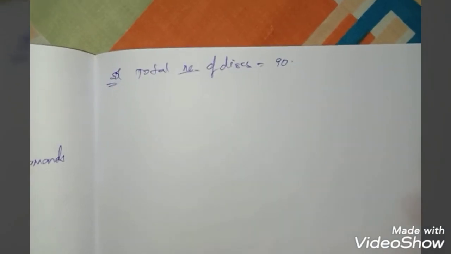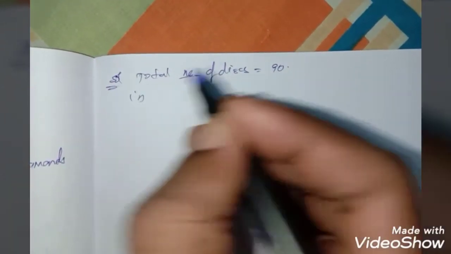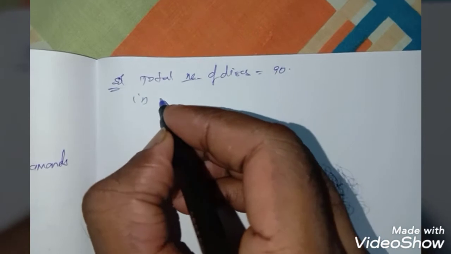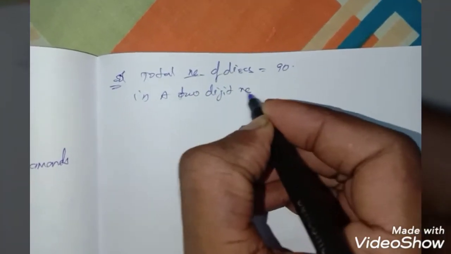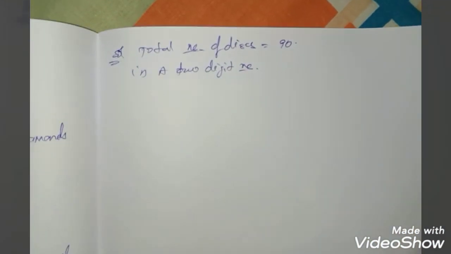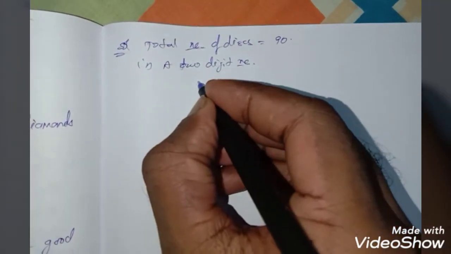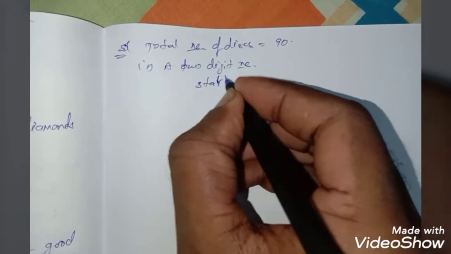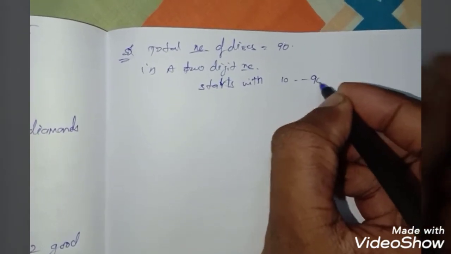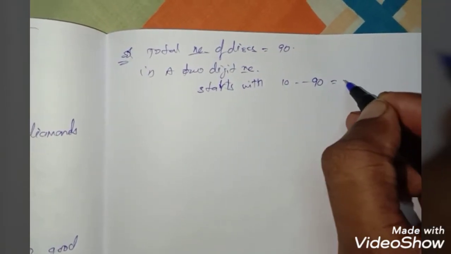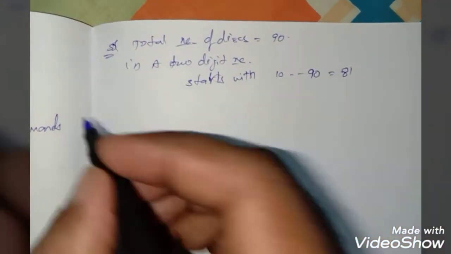So in that, first you have to find the probability of a 2-digit number. Now 2-digit numbers start with 10 and end with 90. So altogether you will get a total of 81, right?